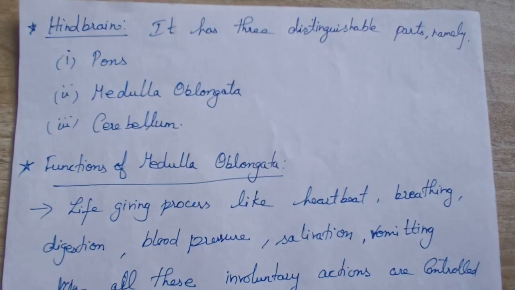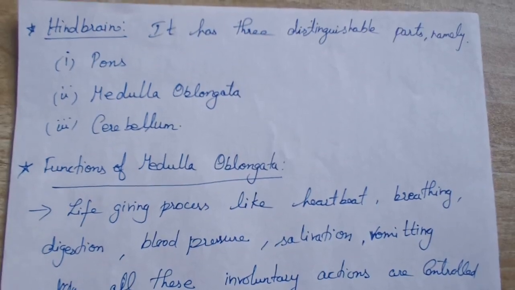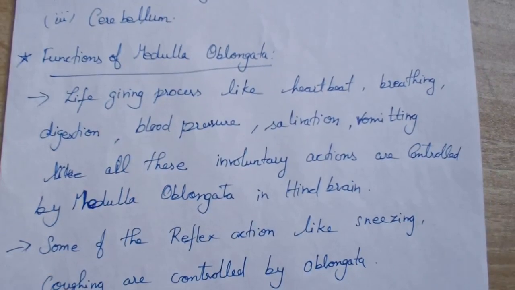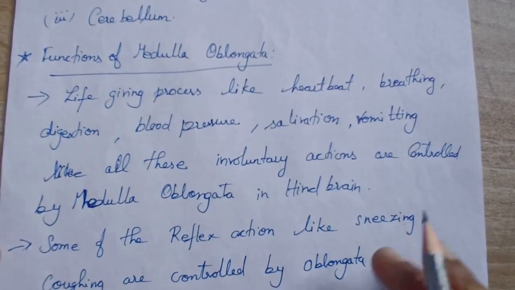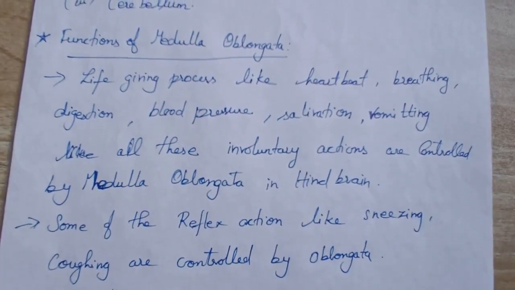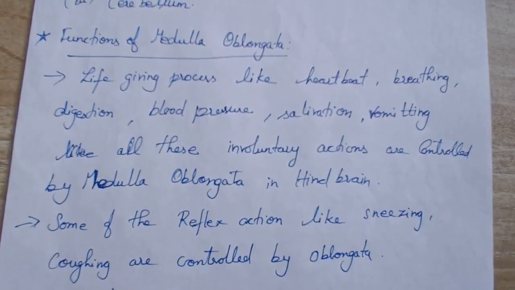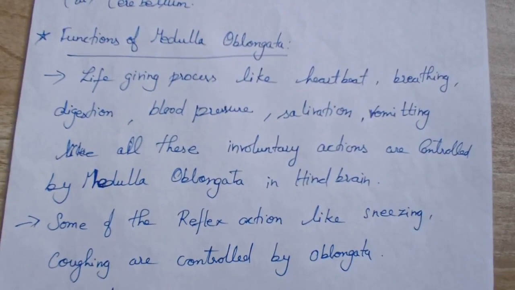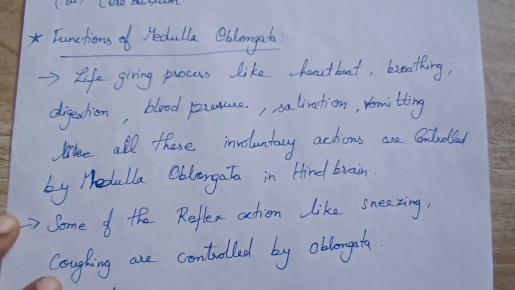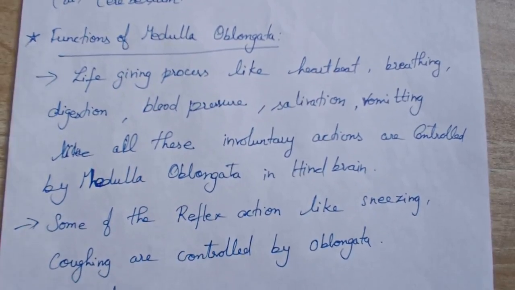Here we are going to see the main functions of the medulla oblongata and cerebellum. The medulla oblongata does all the life-giving processes, like heartbeat, breathing, digestion, blood pressure, salivation, vomiting. All these are involuntary processes.